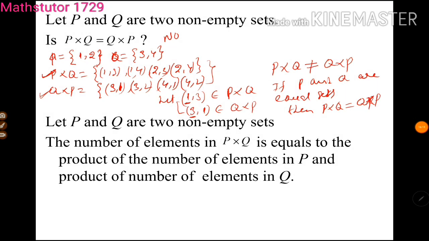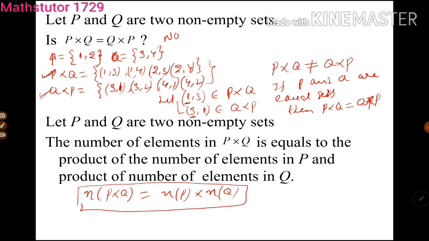Now let P and Q be two non-empty sets. The number of elements in P cross Q is equal to the product of the number of elements in P and the number of elements in Q. This means n(P cross Q) is equal to n(P) times n(Q). We can see this relation from the above example.